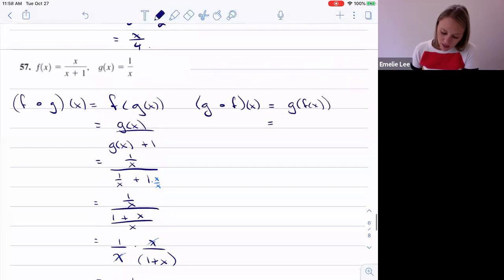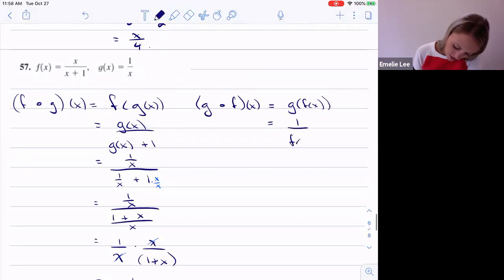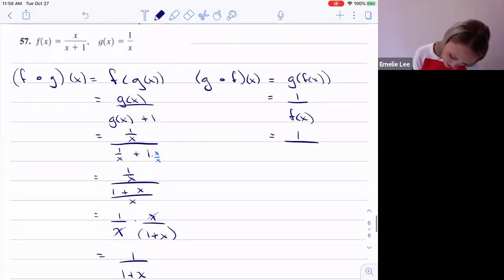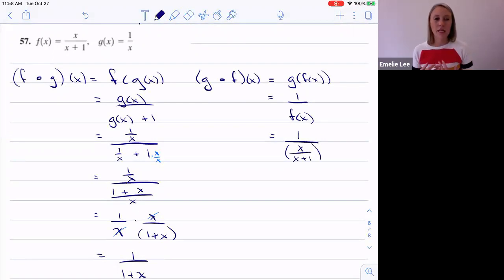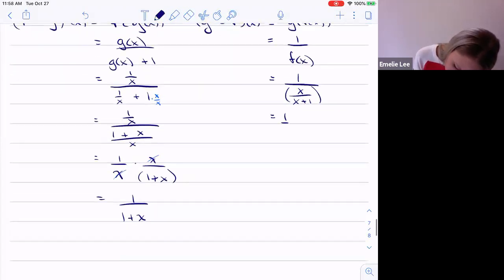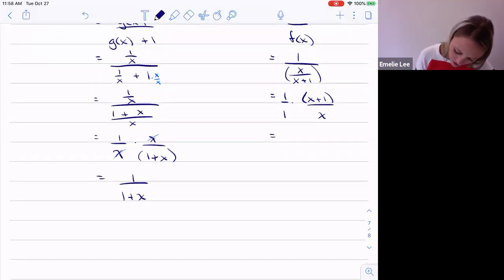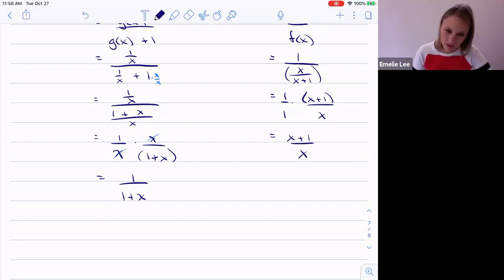G of f of x is going to be 1 over f of x. F of x can go in, 1 divided by x over x plus 1, making sure you treat it as one thing. I've already got a fraction over a fraction, so this one's going to move a little bit faster. And so I've got 1 over 1 times x plus 1 over x. So this just becomes x plus 1 over x.